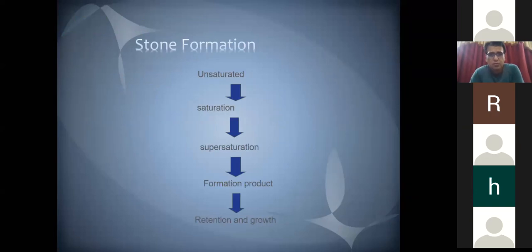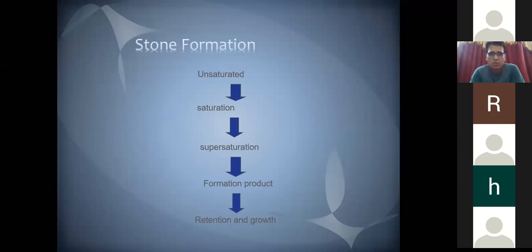A little bit about the stone formation, just for your basic concept, that when in the urine you have some elements that are excreted in the urine. So among them, if it is unsaturated of those elements or those ions, like for example calcium or oxalate, it will not cause formation of the stones at all.